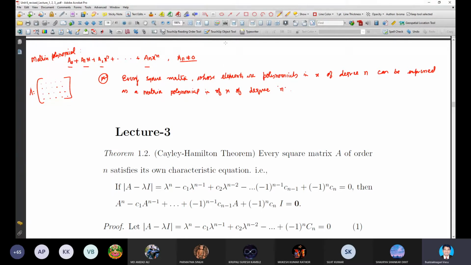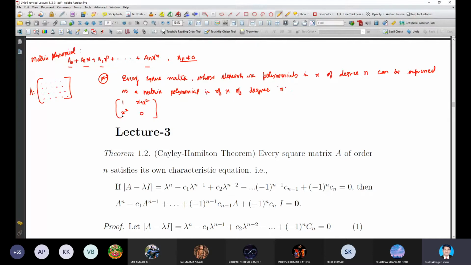Suppose we take an example. Suppose the matrix A has entries 1, x plus x square, and 0. This matrix can easily be expressed as a matrix polynomial.